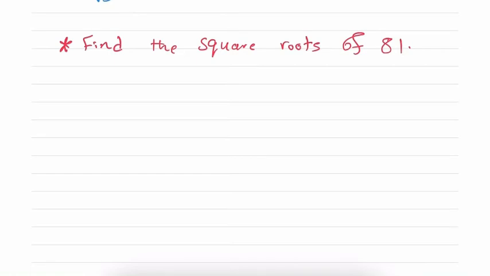This means I have to mention both square roots of 81, which is 9, and also negative 9.